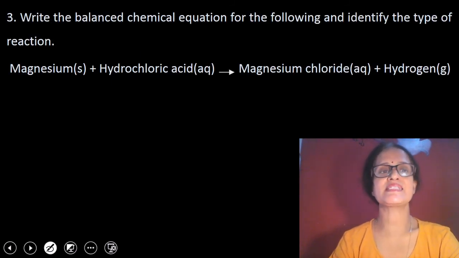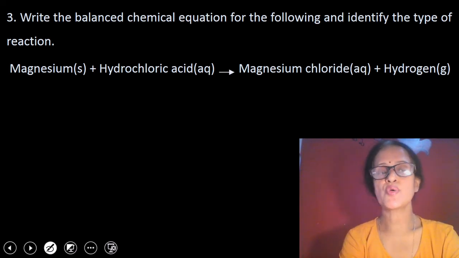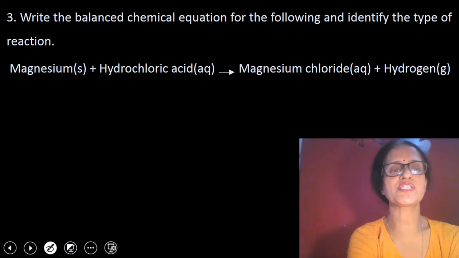Now another NCERT question. In this question, you have to write the balanced chemical equation for the following and you have to identify the type of reaction also. This question involves the reaction of magnesium solid plus hydrochloric acid aqueous, and the products are magnesium chloride aqueous plus hydrogen gas. So we will write the symbol of magnesium. The symbol of magnesium is Mg.